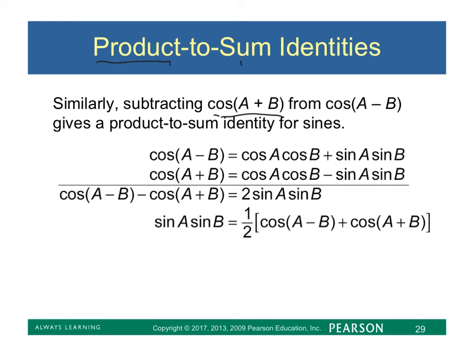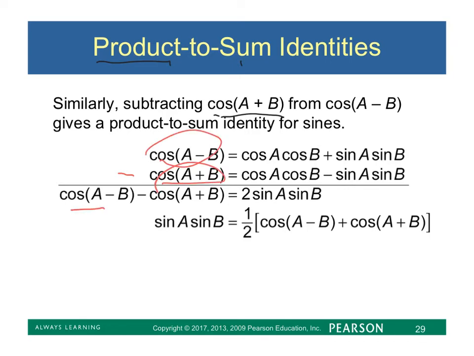So cosine A minus B minus cosine A plus B. Let me go back to one: you're starting out with a minus one first. And in this case, he's not adding them. He is subtracting, so you get this minus this.